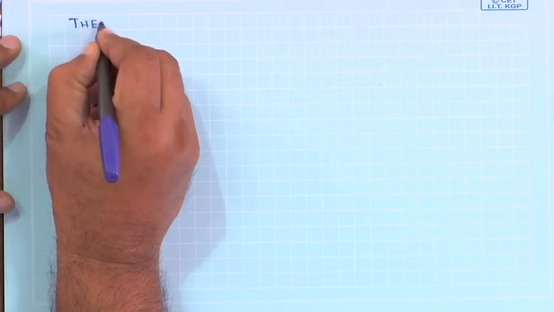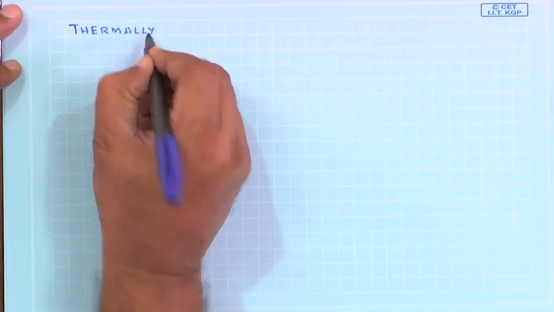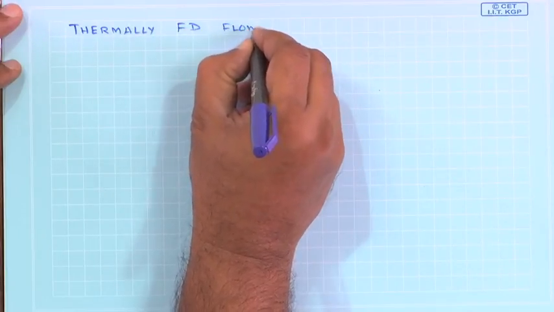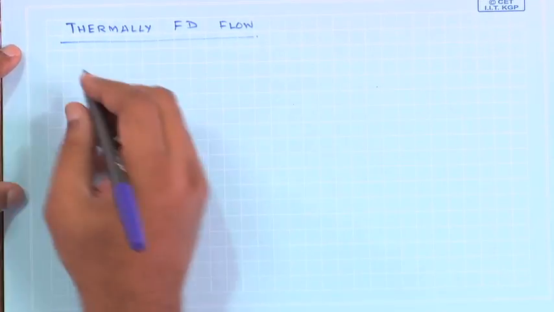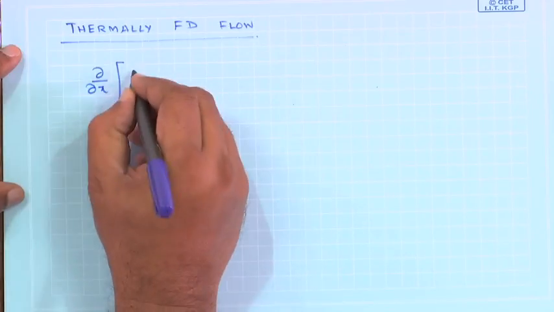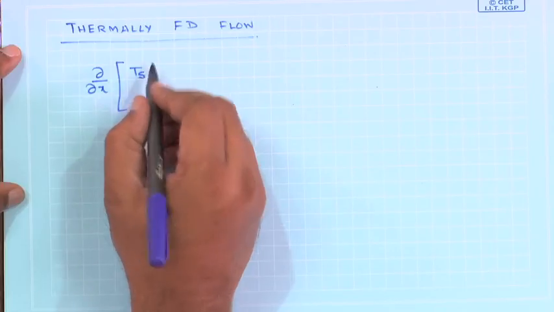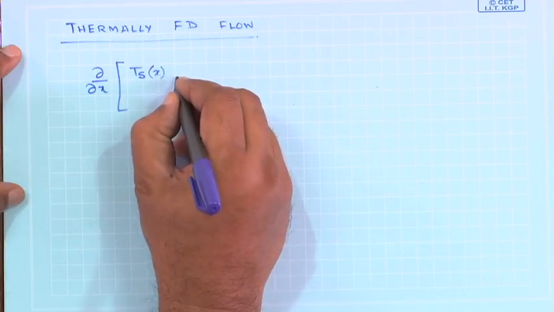So, thermally developed flow is defined as when ∂/∂x of [(Ts − T)/(Ts − Tm)] equals 0. Ts is the surface temperature, and Ts can also be a function of x.